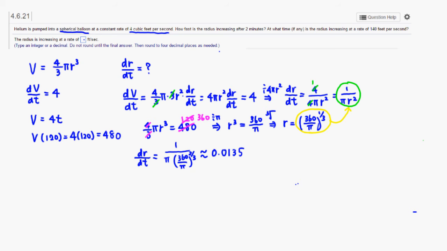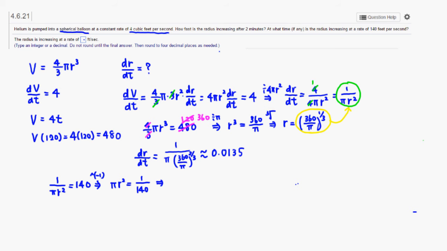So we're going to set 1 over pi r squared equal to 140 feet per second. Then at what time? We have to solve for r, so take the reciprocal of both sides. So pi r squared is equal to 1 over 140.